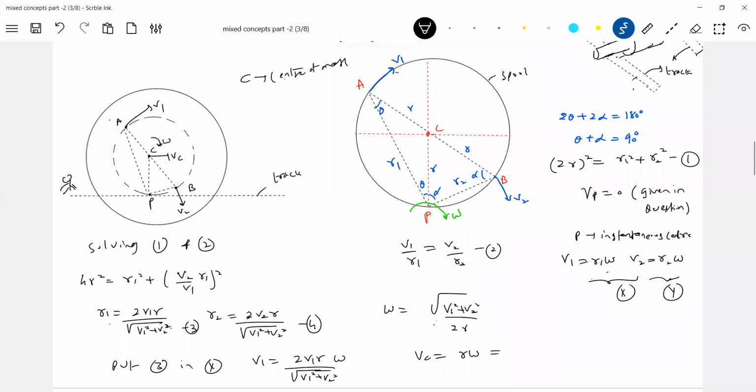So this will be R. We don't know R, no? What is R? R is what we assumed: root of R1 square plus R2 square, by 2. And what is omega? Yeah, we ended up.